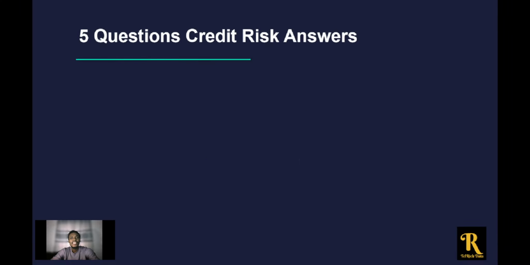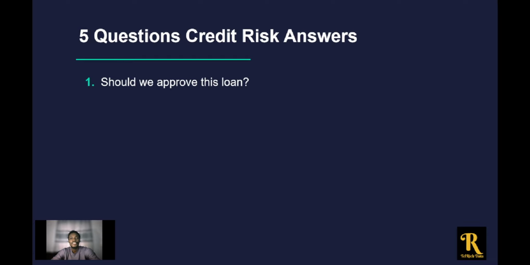Now, every lending company, whether it's a bank, a fintech, or a microfinance institution, needs to answer 5 questions. These 5 questions are the foundation of everything a credit risk analyst does. So we are going to be going through those questions one after the other. Now, number one, should we approve this loan?